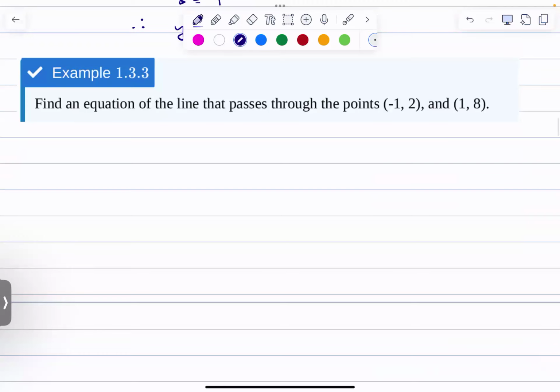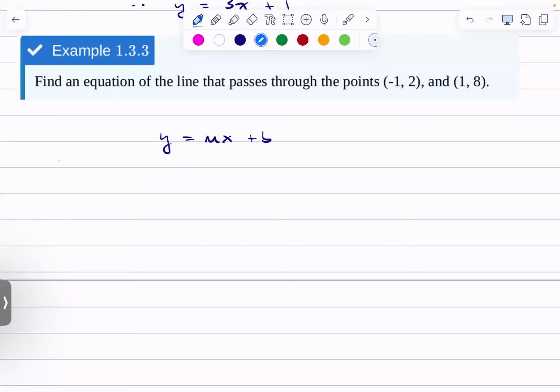Okay. So again, first thing I'm going to do is just remind myself what I need to do. Okay. And then I'll do kind of a step number 1, find the slope.